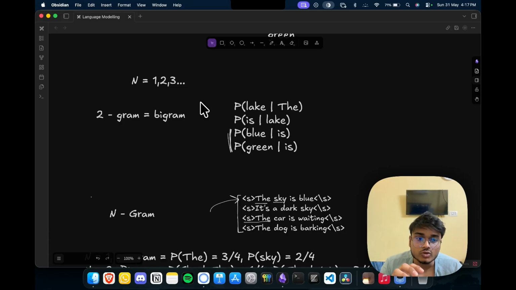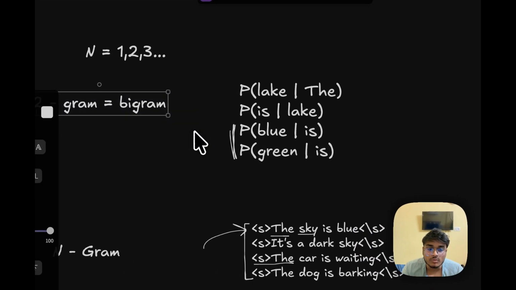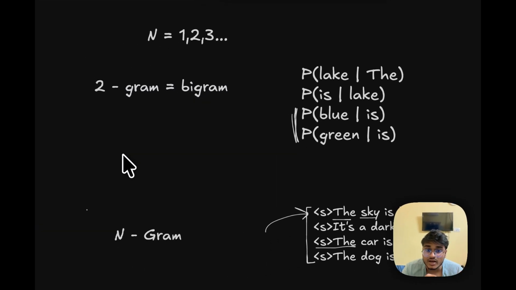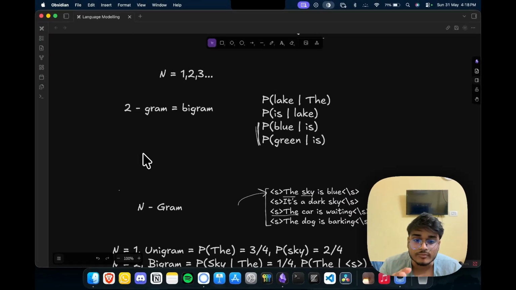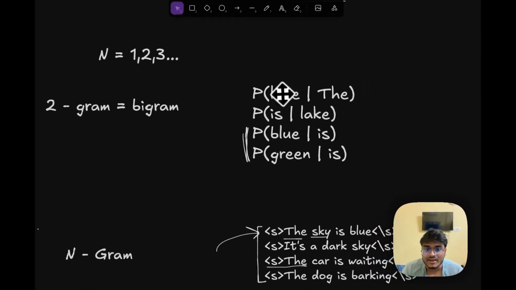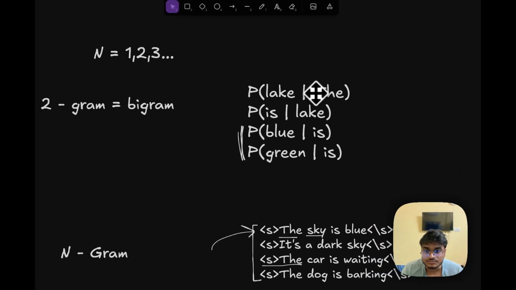When we are talking about a bigram, or 2 grams, the bigram means that you have 2 words and you are finding the probability of these 2 words existing one after another, like right here, lake and the.